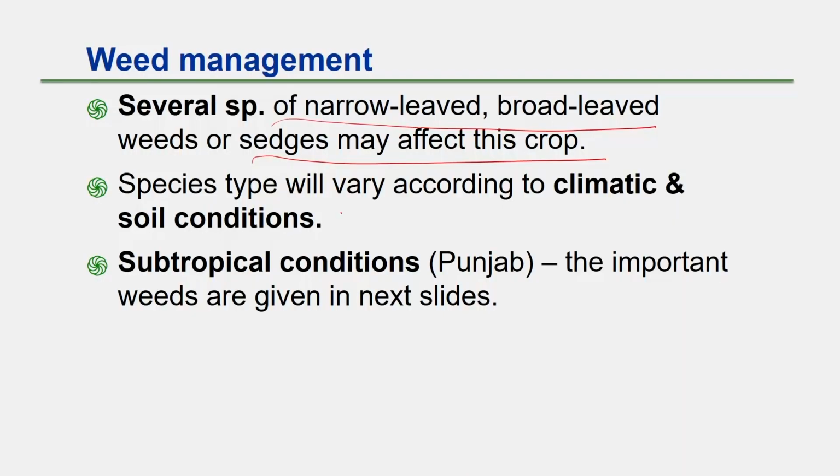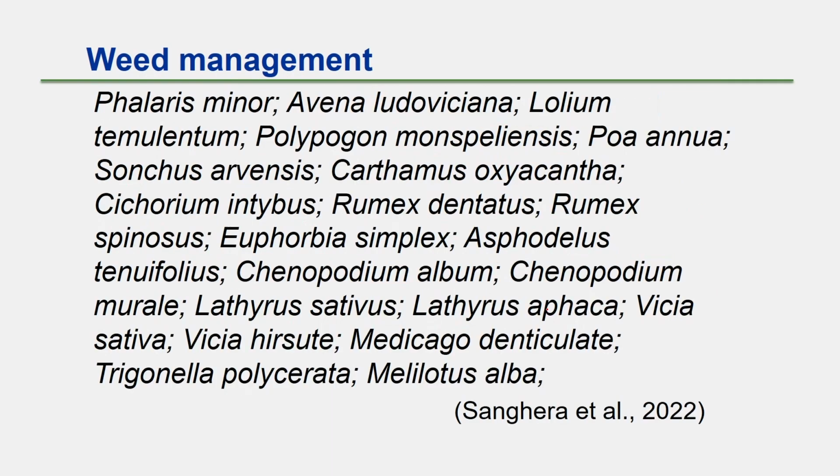Third category in between these two is sedges. Sedges belong to the family Cyperaceae. Species type will vary according to climate and soil conditions. In subtropical conditions, for example Punjab, the important weeds are given in the next slides.